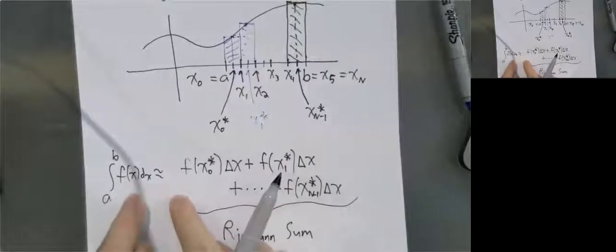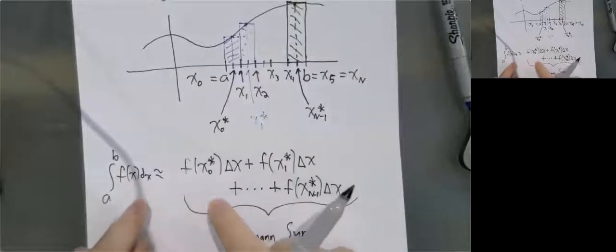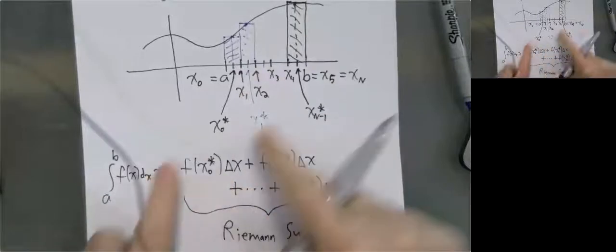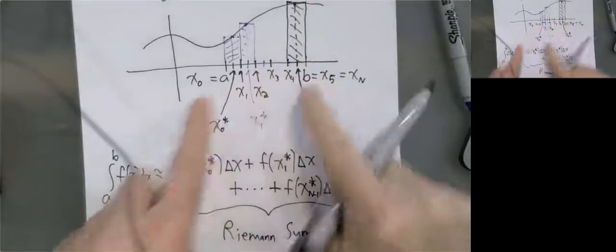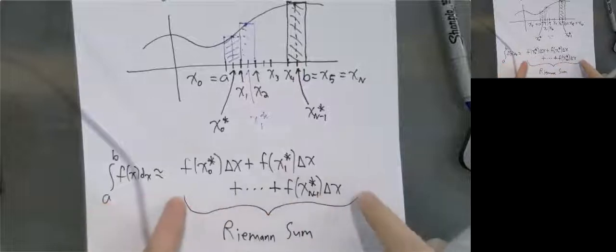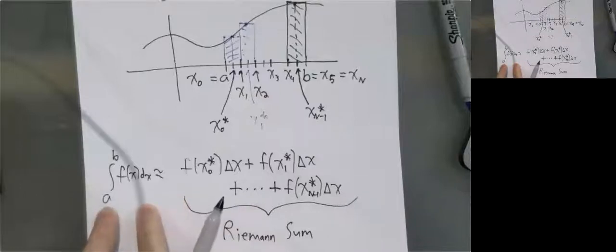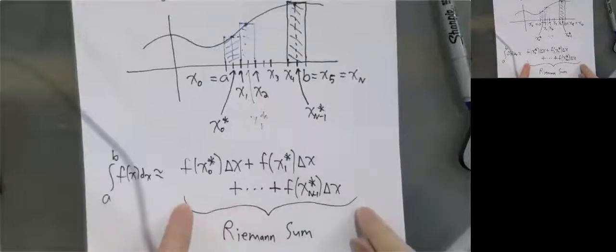And then if you want an even more accurate approximation, you could do it again, now with delta x even smaller. So the true area under the curve from a to b, the true value of this integral, is a limit of Riemann sums like this, where it's a limit where delta x is approaching 0.